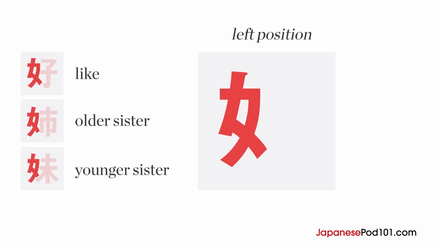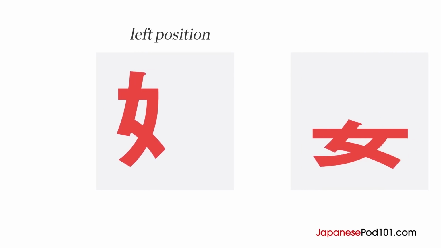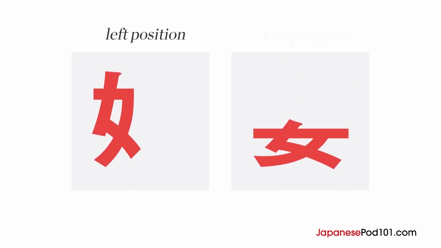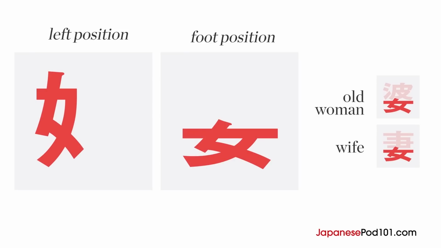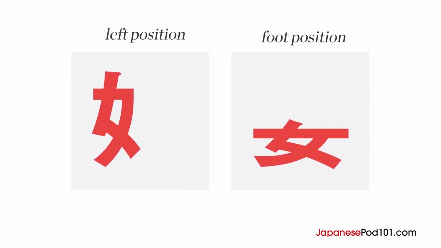Of all the kanji that use the woman radical, this is where you'll most likely encounter them, so keep your eyes peeled. Sometimes you may find it at the bottom position, known as the foot position, as seen in these examples, though this is far less common. Just remember the left and foot positions and you'll be able to identify the woman radical.